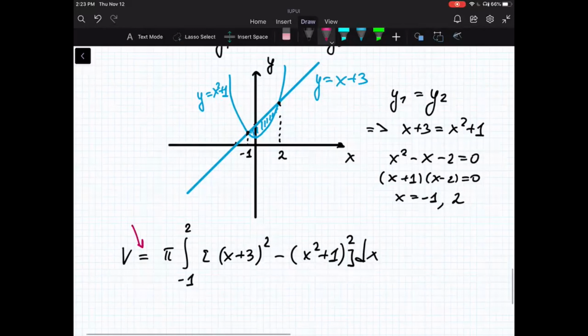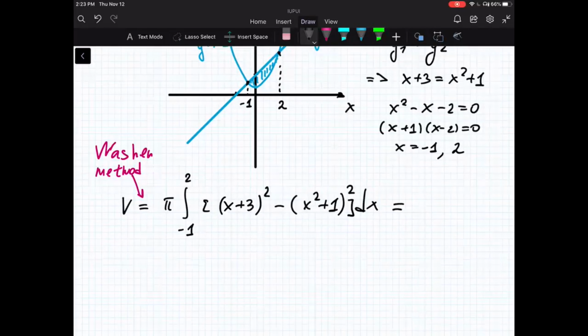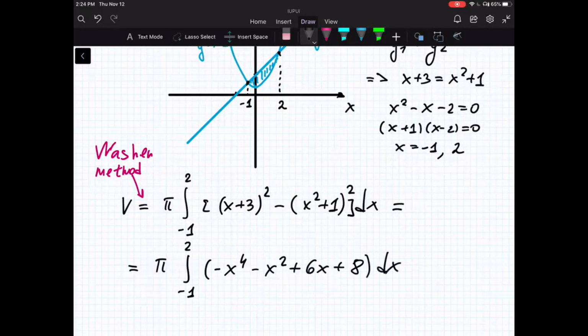And here I used this washer method. And the rest is straightforward. I should expand my integrand and get that it is the integral from minus 1 to 2 of minus x to the power 4 minus x squared plus 6x plus 8 times dx.